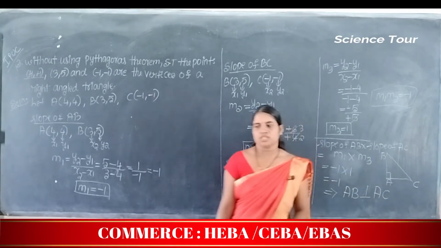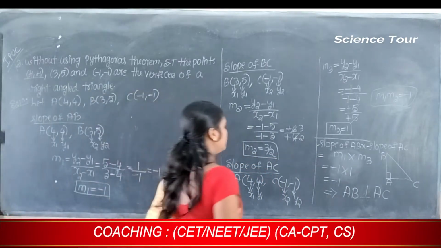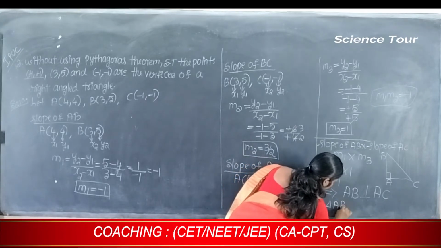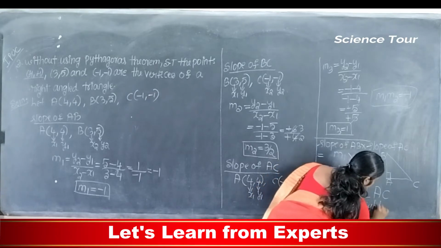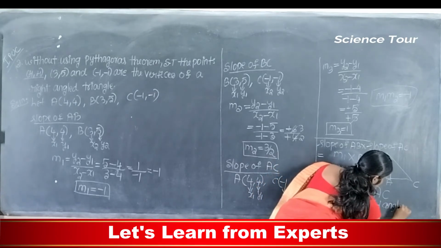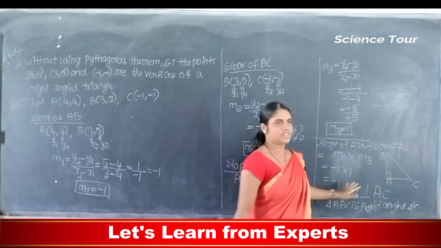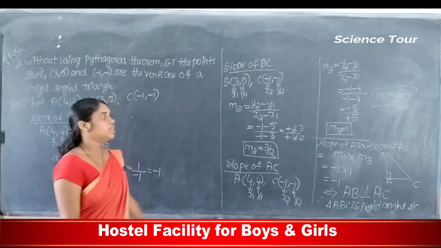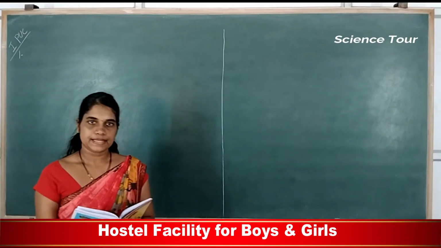Yes. So the final conclusion is, triangle ABC is a right angled triangle. By this result we can say that the given triangle ABC is a right angled triangle. Okay, we'll see the next question.